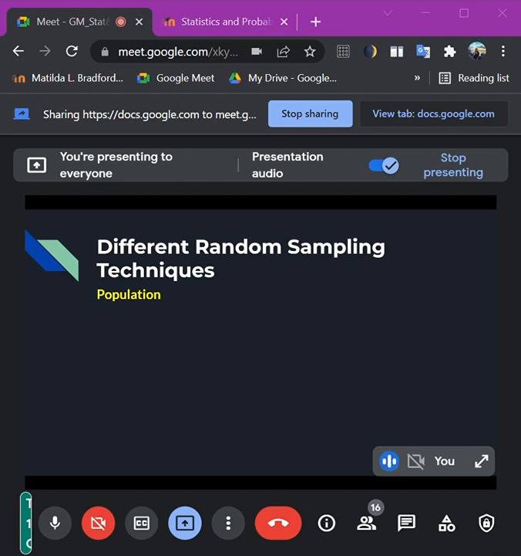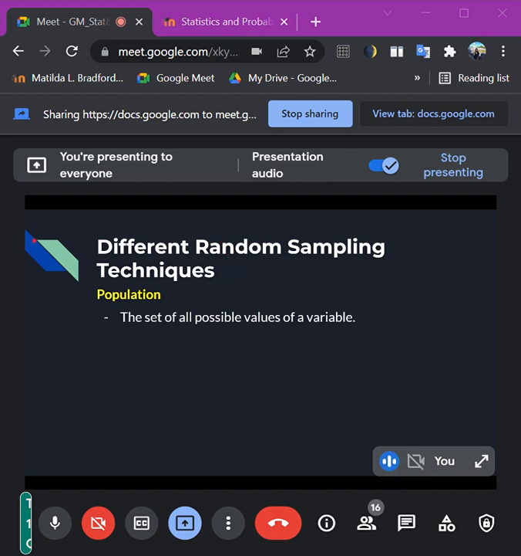When we say the base, these are the basic things that we need to know in order for us to have the knowledge of this random sampling technique. You have there the first word, which is population.